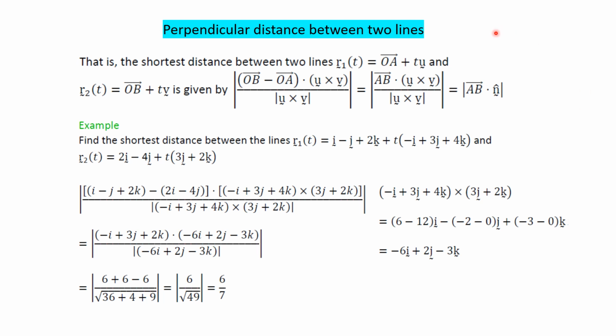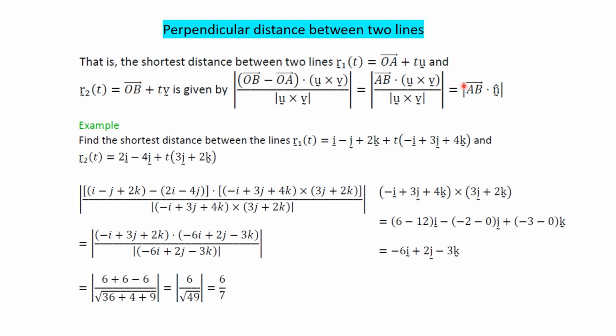All right, next, so we are looking at the perpendicular distance between two lines this time, okay? So keep in mind that each line is defined by a point and a direction vector like that. So I think this formula here is useful, okay? So let's try to understand that. So A is a point on line 1, B is a point on line 2.